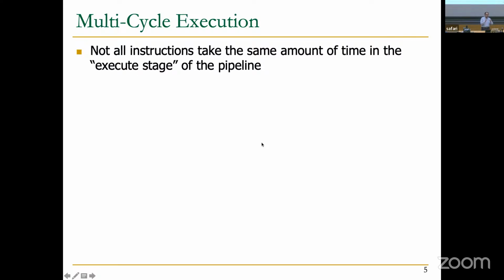So we don't really design the ALU in today's architectures to take only 1 cycle, because then you would need to make that cycle long enough that, for example, you can do division. But this long clock cycle time is too long for a simple arithmetic operation like addition. Because of that, we have multi-cycle execution.